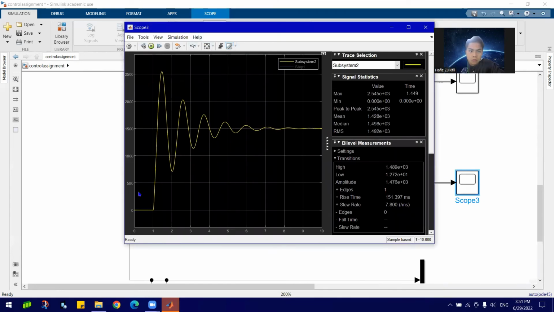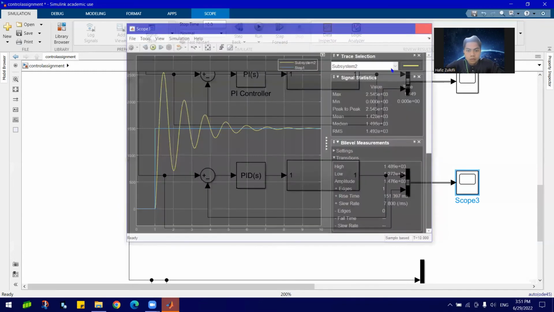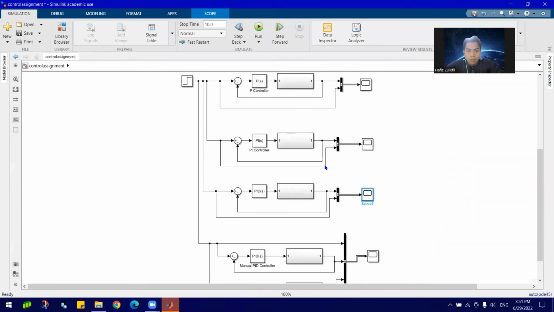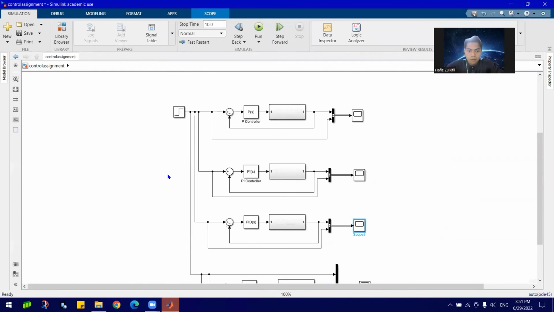As we can see here, this is the input versus the response of the PID controller. So that's all for the manual tuning for the P, PI, and PID controllers.